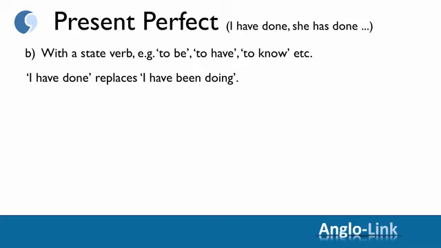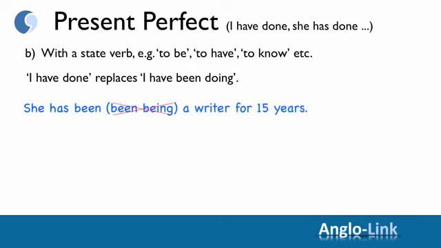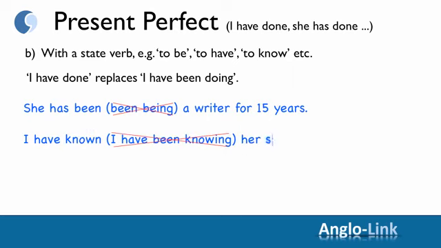Which means that, with state verbs, the present perfect shows a state that continues from the past to the present. For example, she has been a writer for 15 years, because we can't say she has been being a writer for 15 years. Or, I have known her since 2010.